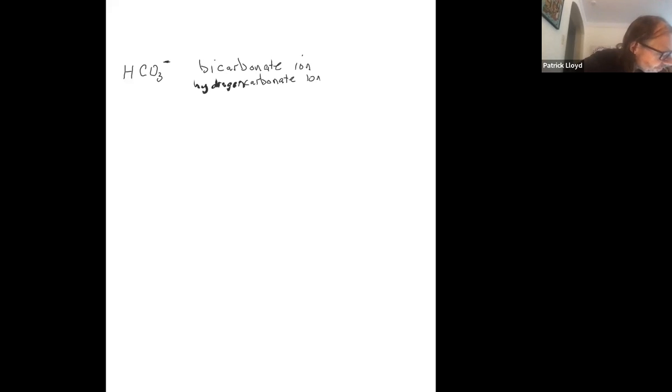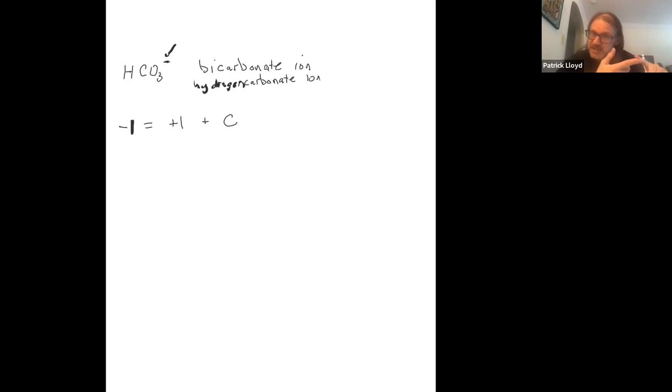So here's what we know. There's your charge, polyatomic ion. So -1 equals hydrogen, which is +1, plus carbon. We don't know what carbon is. I didn't give you a rule for carbon. Many of the elements, there's no rule. You figure them out from the other ones that you do have rules for. And then you've got 3 oxygens.